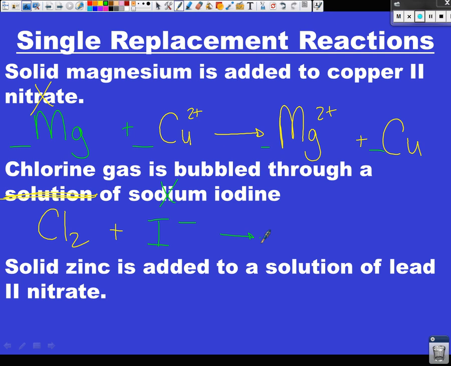Chlorine is a non-metal, and non-metals replace non-metals. So Cl is going to swap with iodine and end up with sodium, but sodium's a spectator, so we don't need it. So Cl2 turns into Cl minus. And I goes from the ion state to what?